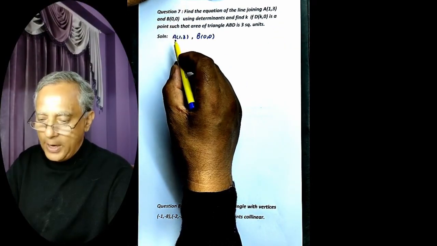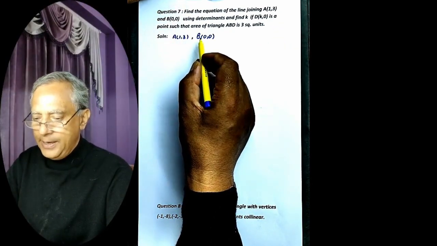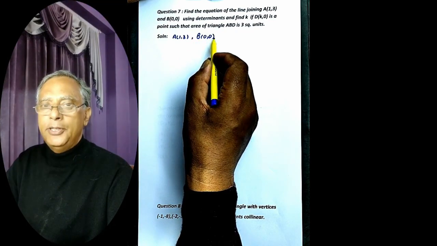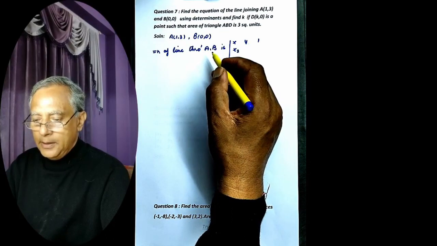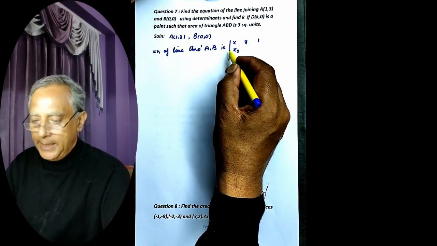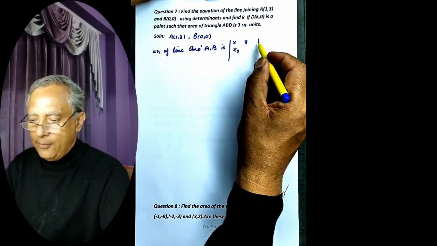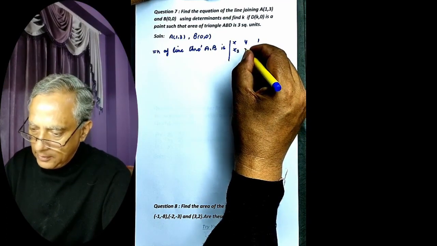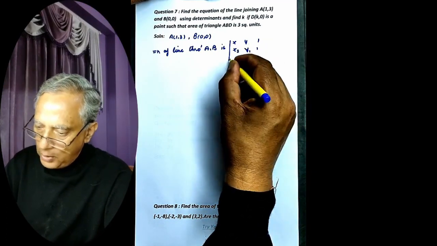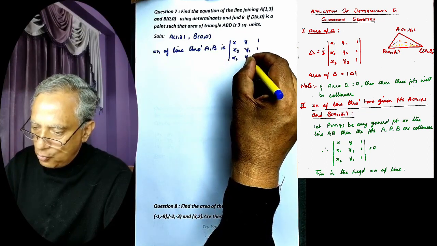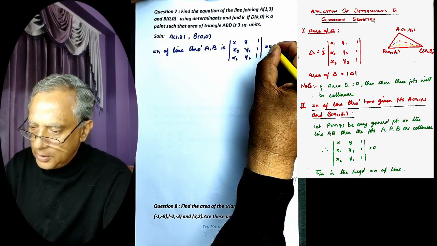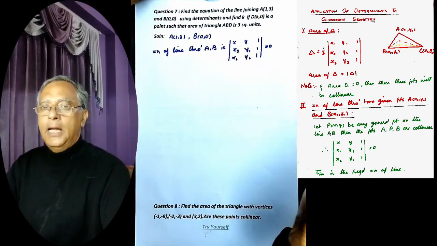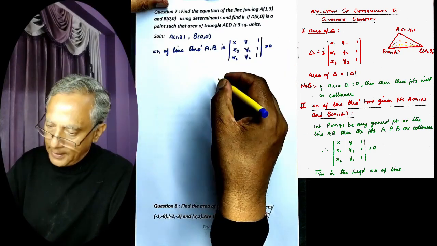We are given 2 points A(1, 3) and B(0, 0). The equation of the line through AB is the determinant with rows x, y, 1; x1, y1, 1; x2, y2, 1 equal to 0. You can see the side sheet.